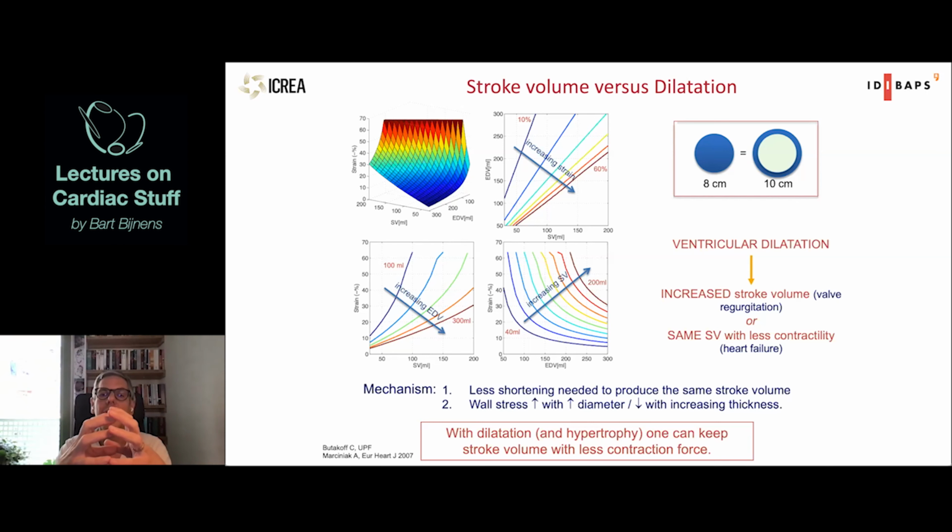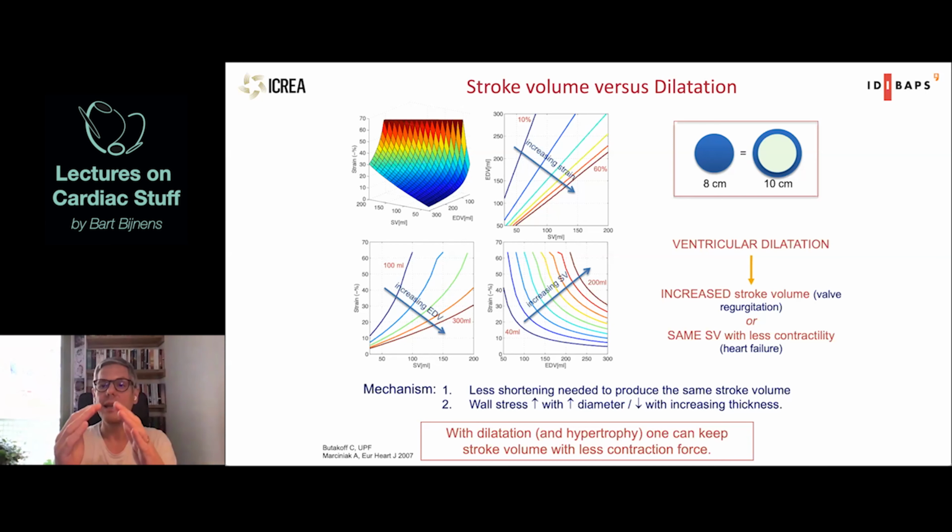If you now dilate by 1 centimeter everywhere, so your diameter becomes 10 centimeters instead of 8, it looks like just a little bit of dilatation. What you see is that the extra volume that you create is exactly the initial volume. So you double the volume inside the ventricle with just a little bit of dilatation.